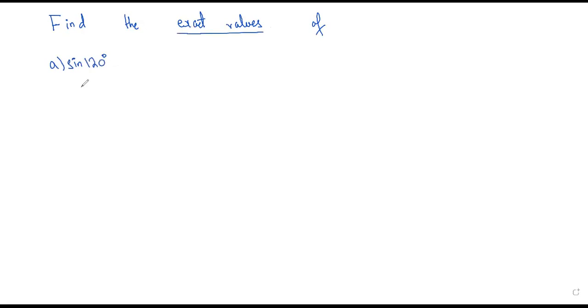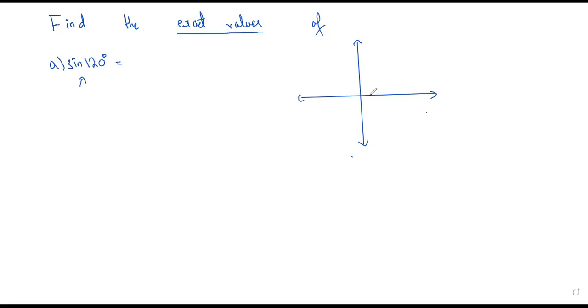It means you need to find the value of this. You can just use your calculator for sine 120, but the reason behind doing this question is to tell you the concept that sine 120 is the same as sine 60.